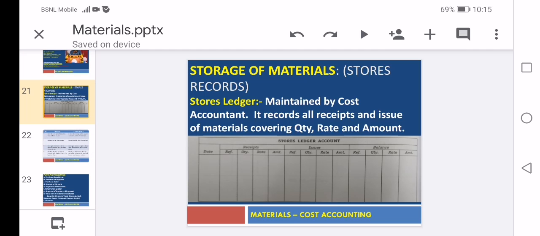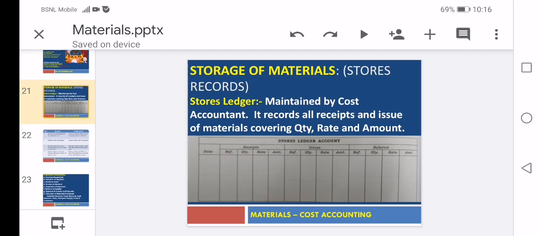An important thing about stores ledger is not only maintaining the quantity but also maintaining the amount column. Means quantity received, unit rate per unit, and amount is mentioned in all the three categories called receipts, issues, and balance.